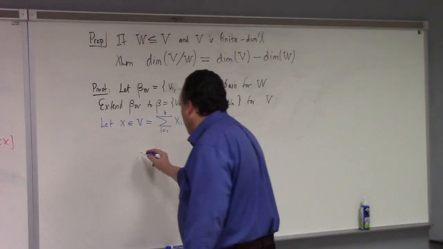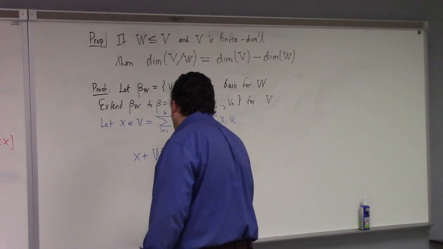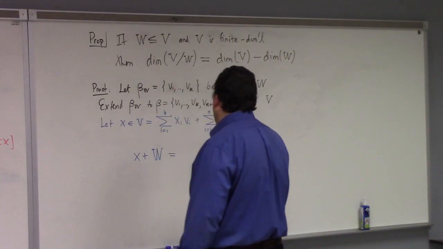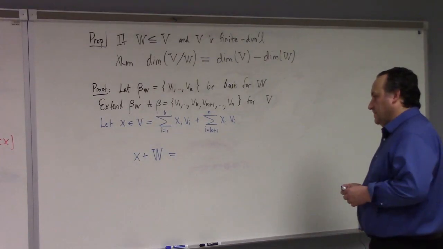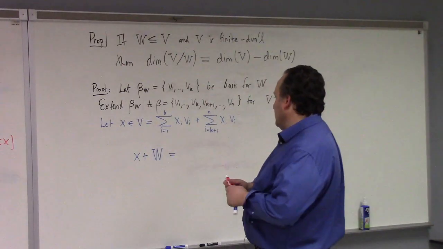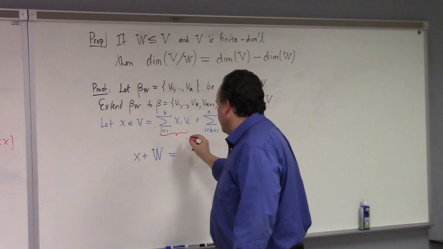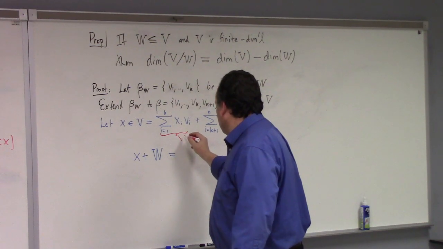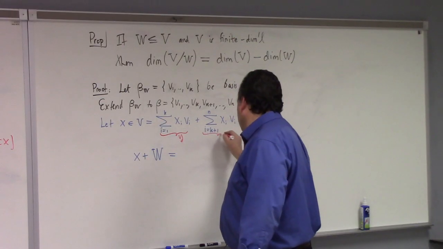And so as we think about x plus W, right? Let me introduce some notation just for a second here. Let's call this piece y, and let's call this piece over here z.